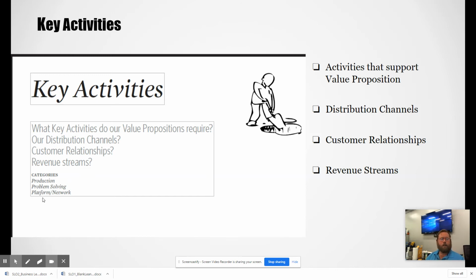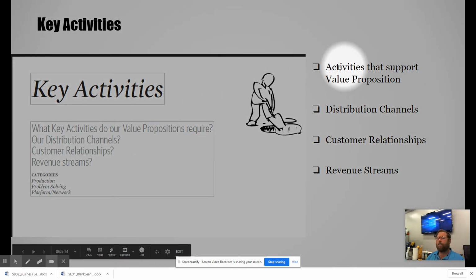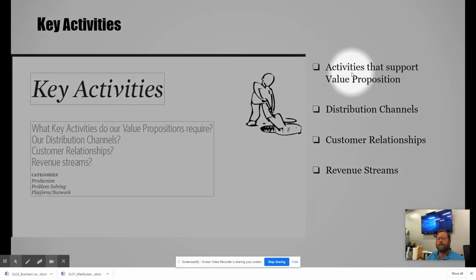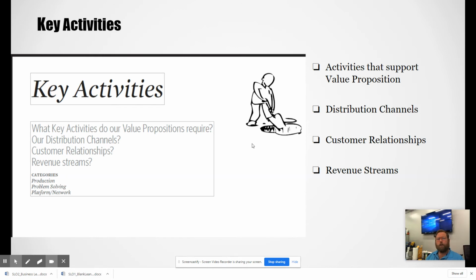And here you have production, problem solving, and platforming and networking. Now, guys, these are activities that support the value proposition. And that's the big thing that I want you to think about here. What you're doing should be adding to your ability to give value to your customers.